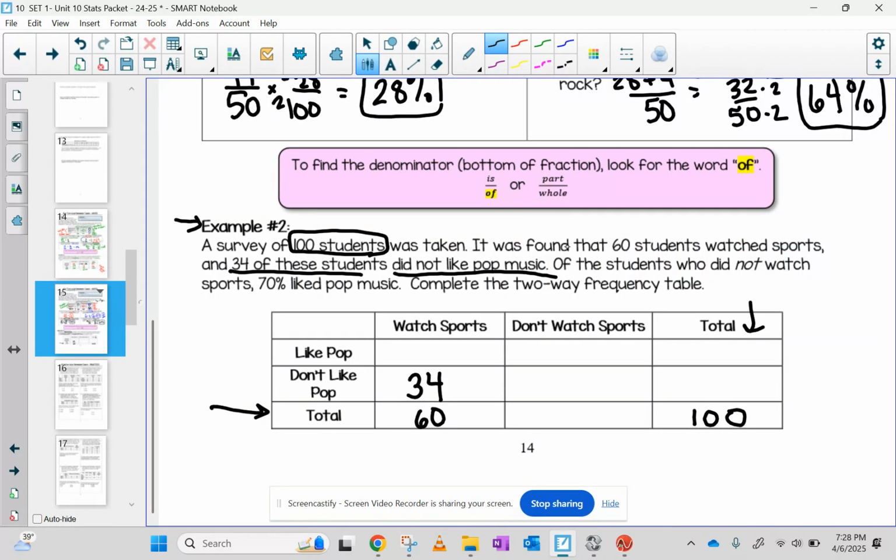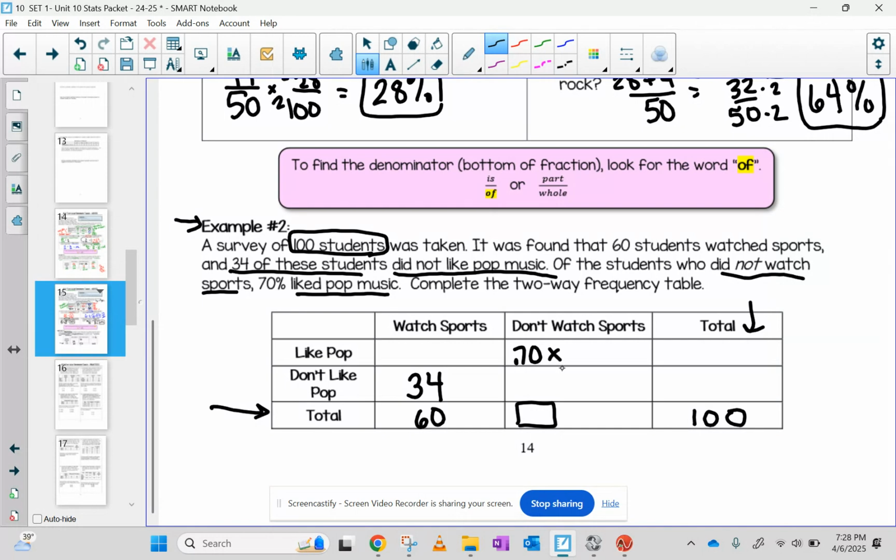Of the students who did not watch sports, 70% liked pop.